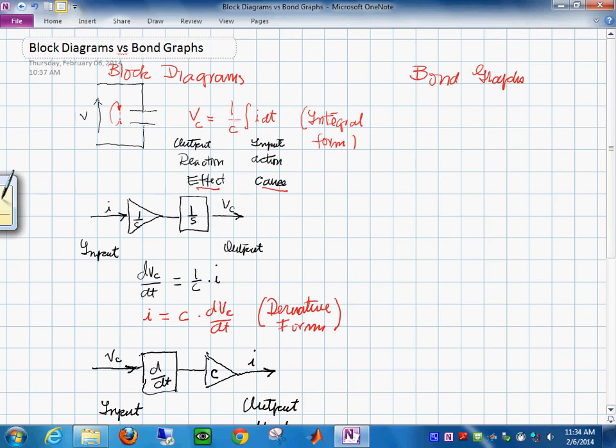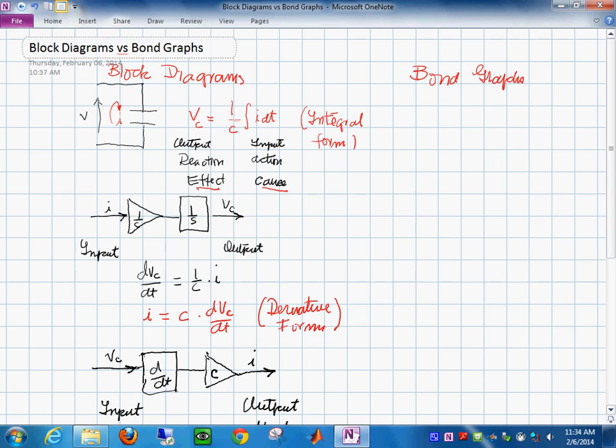Okay, so far so good. This is our representation of the C element, and we can use this to build the block diagrams. I told you that block diagrams come from the equations.